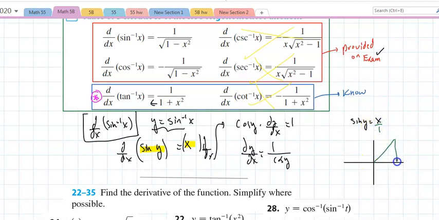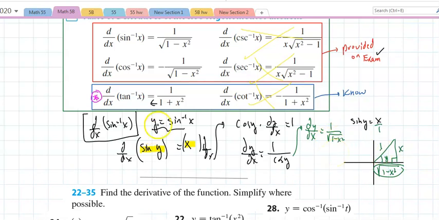Doesn't that mean that we're talking about a triangle? There's y, the opposite over the hypotenuse. Doesn't that make this the square root of 1 minus x squared? And isn't that right here 1 divided by the cosine? What's cosine? Isn't cosine the adjacent over the hypotenuse?